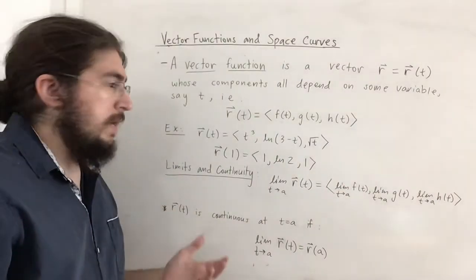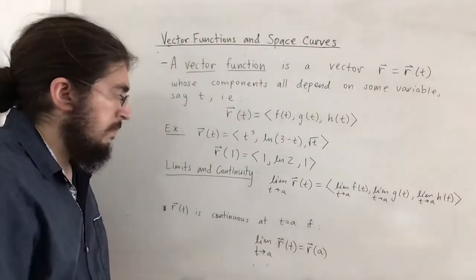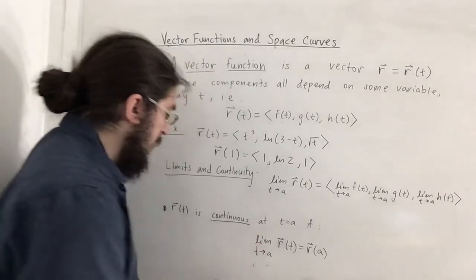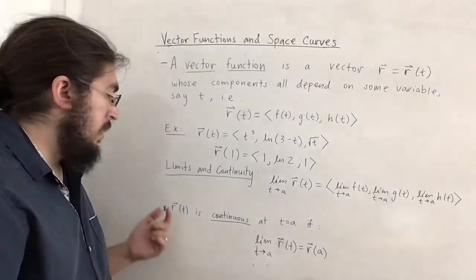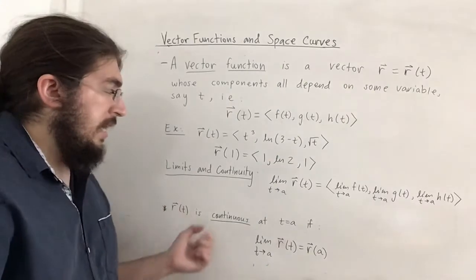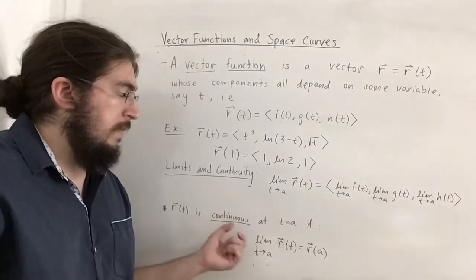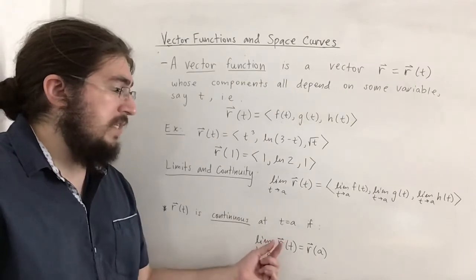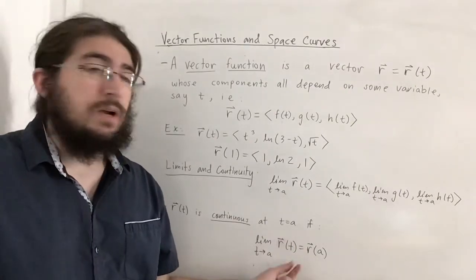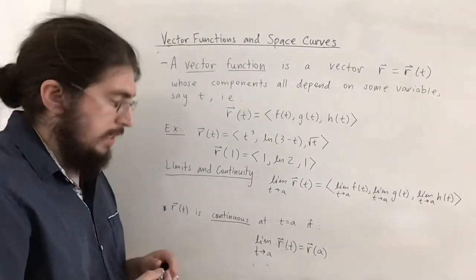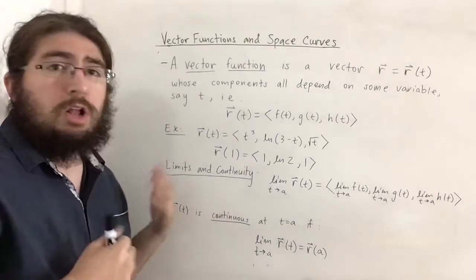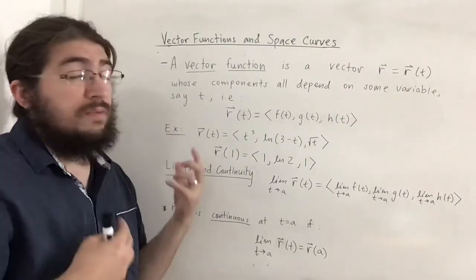And then from there, we can state the definition for continuity at a particular point. We can say r of t is continuous at t equals a if the limit as t approaches a of r of t is equal to the evaluation r of a. Awesome. So that's all I really wanted to say as far as introducing what a vector function is.